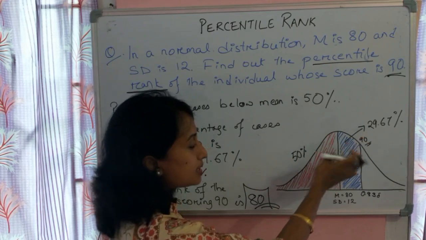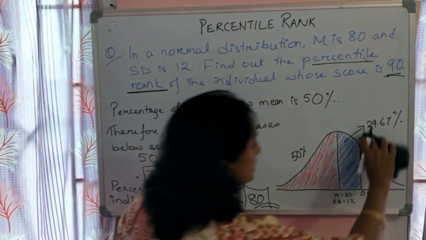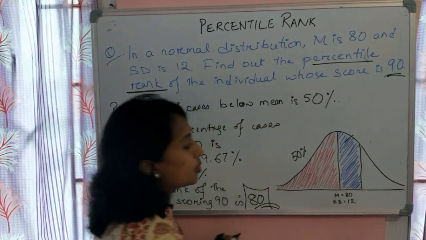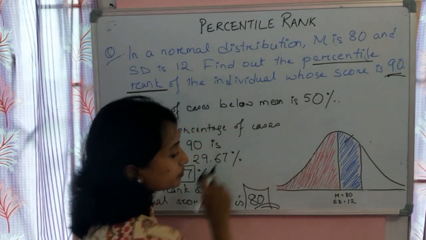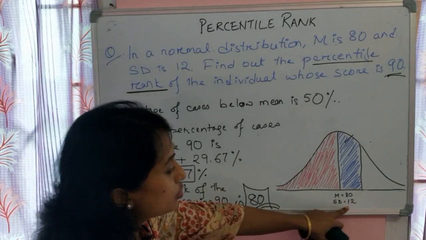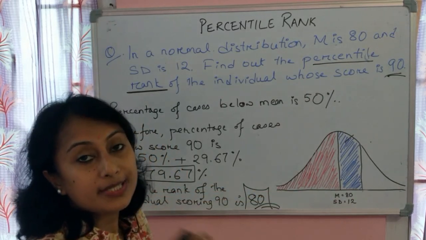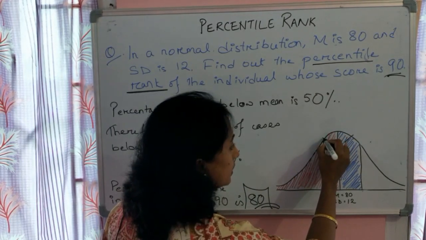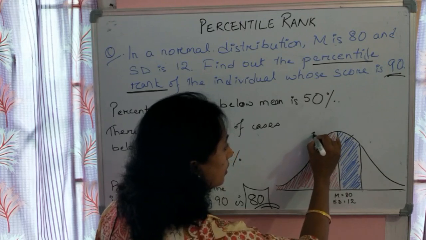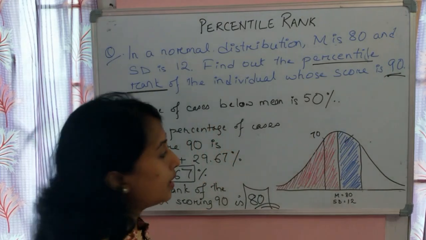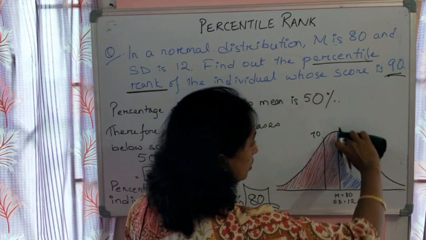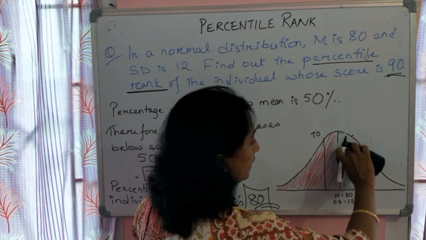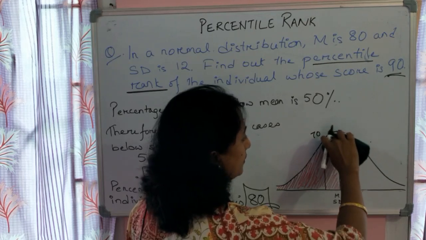Suppose if we take this example itself and we do not take 90 as the score, and it is said that mean is 80, SD is 12, and you have to find out the percentile rank of the individual who has scored, suppose 70, then your X will be 70, and there will be no work on the right side of the mean. No need to find out anything on the right side of the mean.